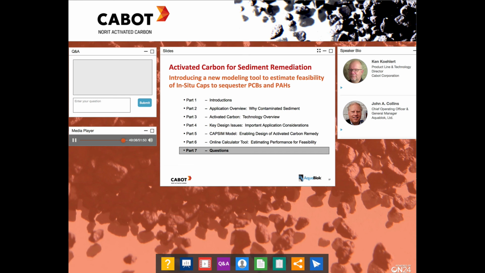I think the important thing to note, though, if you are doing that kind of a comparison in the field, there needs to be some upwelling. As some of the data that was presented here showed, and what Ken pointed out, if it's a static system, it's probably not going to make that much difference whether it's granular activated carbon or powder activated carbon.